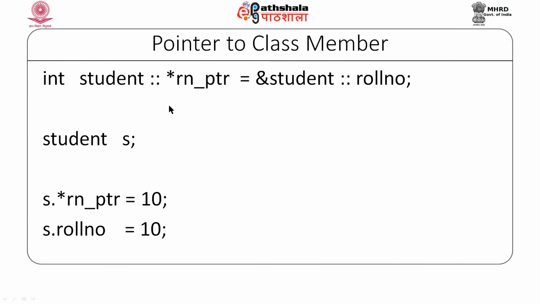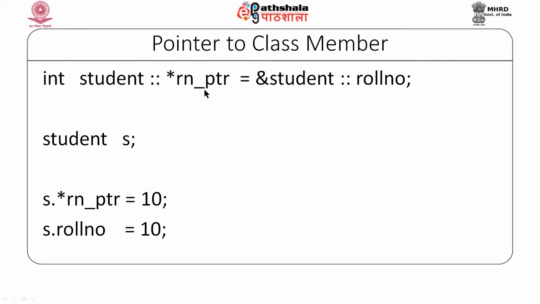See, here we are defining a pointer RNPTR, but this is a pointer to what? It is a pointer to the roll number member of the student object. So, it is not pointing to the student object. What is it pointing to? The roll number data member of the student object.